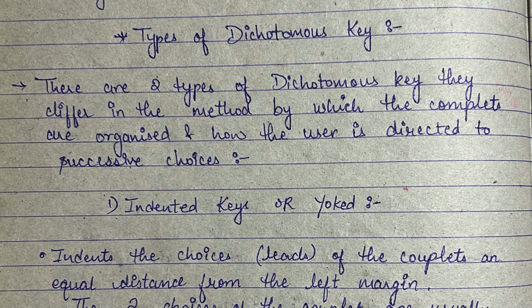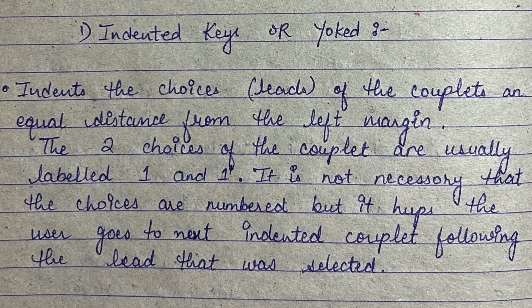Now come to the next topic, types of dichotomous keys. There are two types of dichotomous key. They differ in the method by which the couplets are organized and how the user is directed to successive choices. The first one is the indented key, or yoked key. It indents the choices, the leads of the couplet, an equal distance from the left margin.